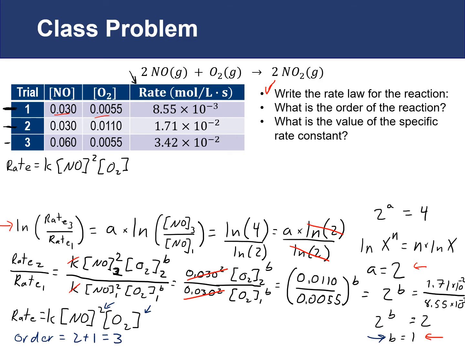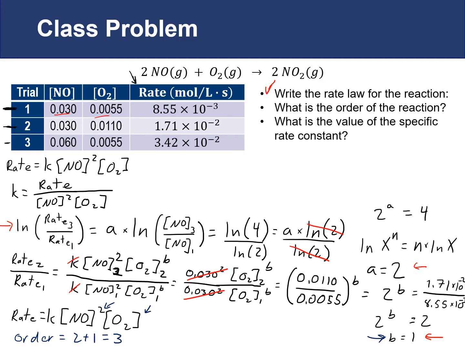To solve for K, we divide both sides by our concentrations. That will move them to the left, and we get K is equal to rate divided by NO raised to the 2 times O2.